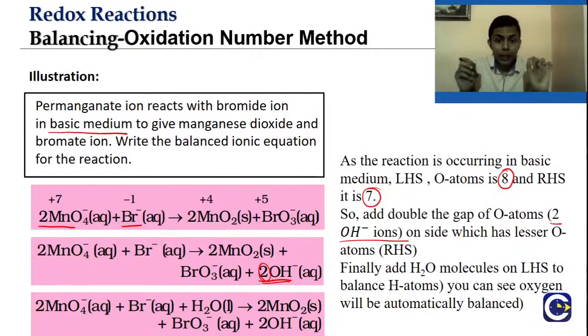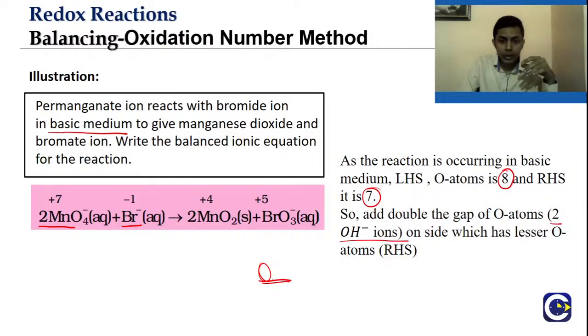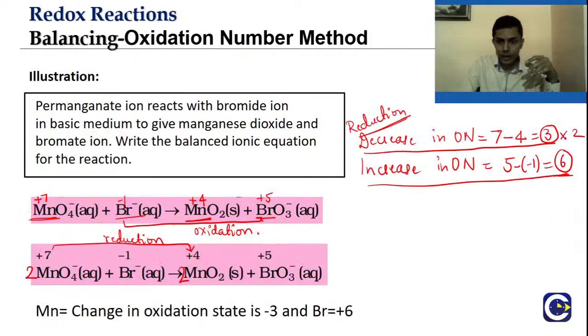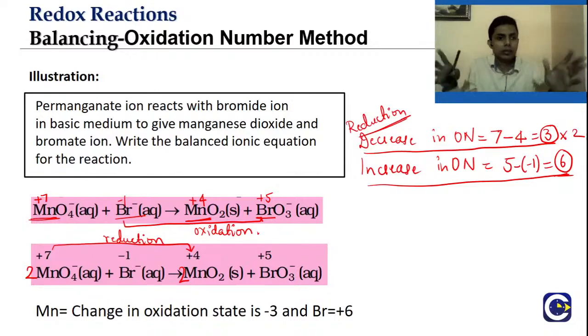But now let me come to the competitive exam perspective. In competitive exams, a question may come on this reaction: MnO4 minus and Br minus giving MnO2 and BrO3 minus. Find out the change in oxidation number in the balanced reaction.